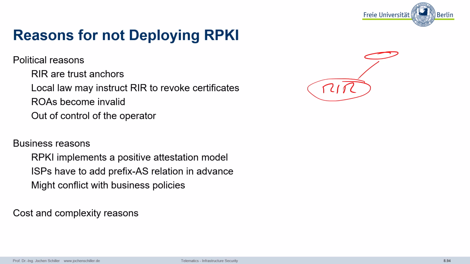And there are also business reasons. As I said, it's a positive attestation model. If someone says yes and can prove, I'm the one who can really announce this prefix, this automatically excludes all the others. And this might be a problem. So you have to know in advance, prefixes and aliases, and this is all cryptographically protected.